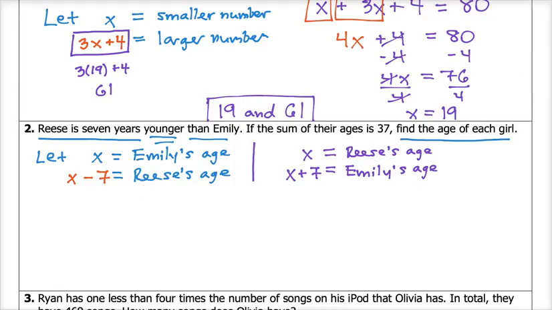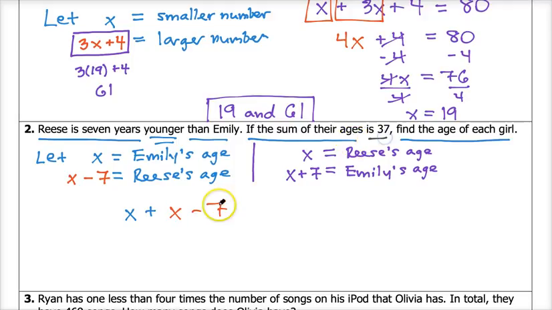Because now when we go to add these together and set up our equation, our answers will come out to be the same. So if I take my original let statements and I do the sum of their ages, that would be X plus X minus 7. The sum of their ages is equal to 37.